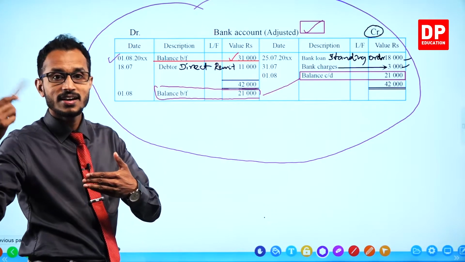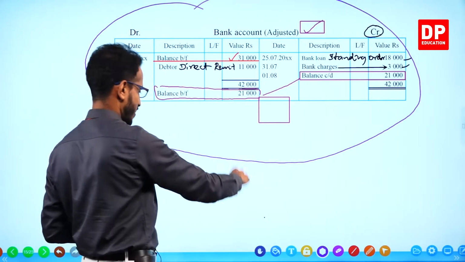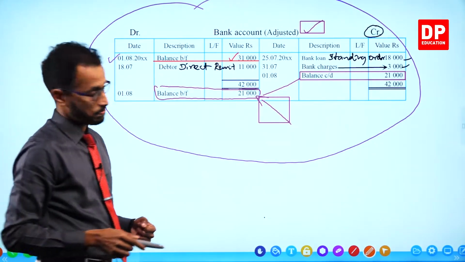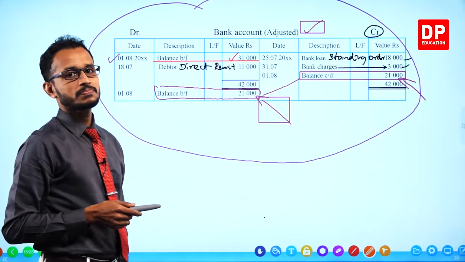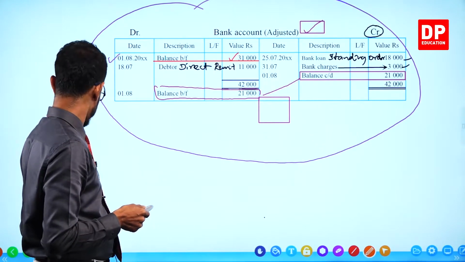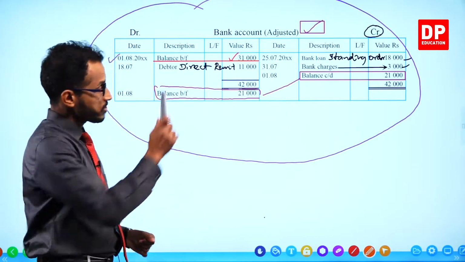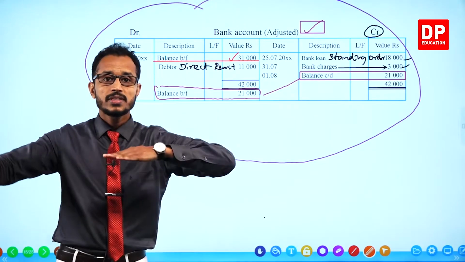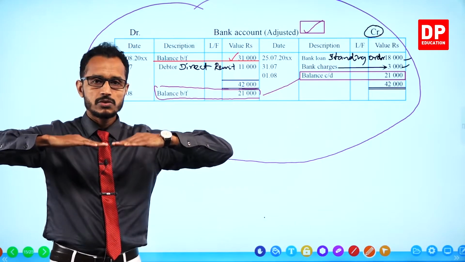Where am I pointing? I should point here. Using this. 21,000. Okay. We'll use this and we will reconcile this with the bank statement balance.